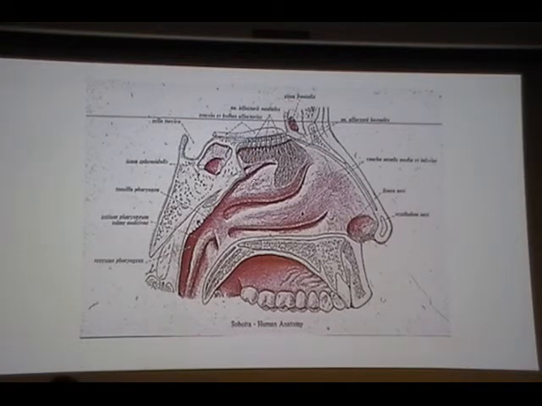They hang down maybe as low as the middle concha. They are covered by this pseudostratified ciliated columnar epithelium. This is a mucosa. It's a secreting membrane. As odorants come in here, they're dissolved in this membrane, and then you can smell them.